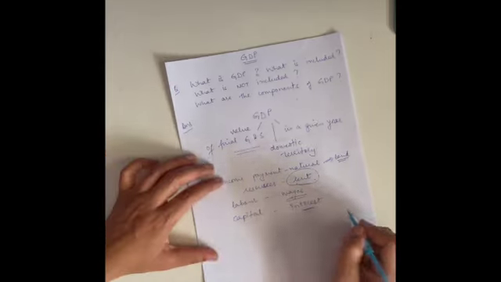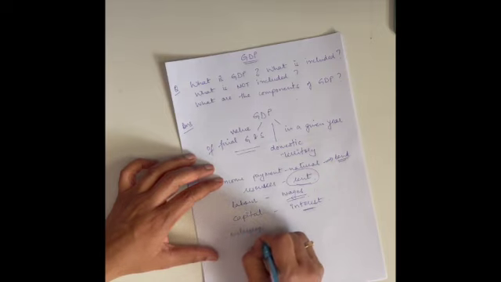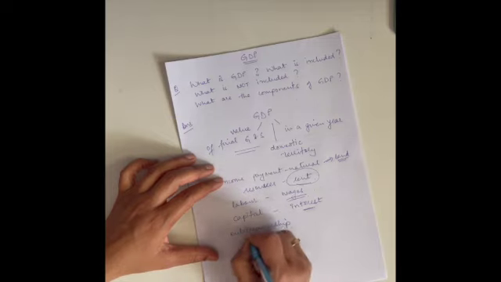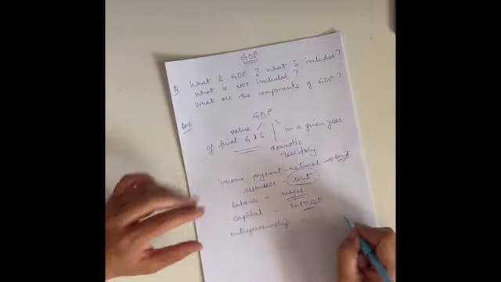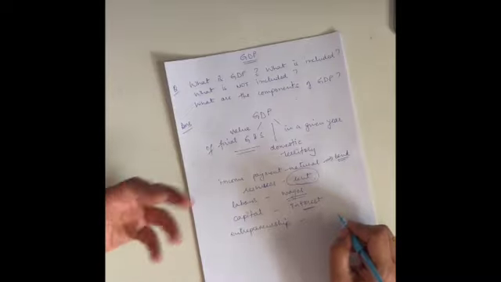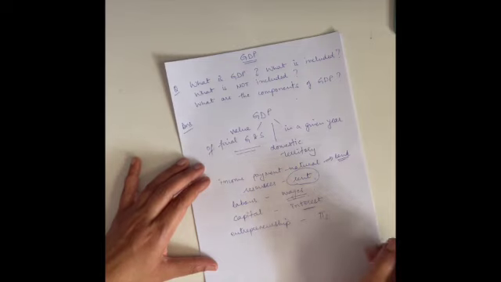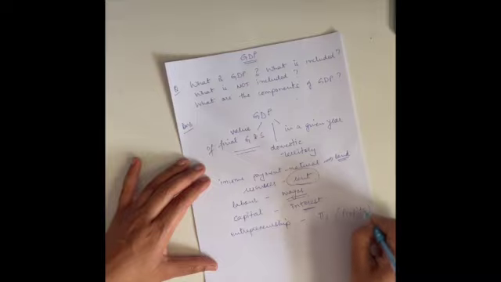And then you have entrepreneurship. If you are an entrepreneur with skills and you have set up your own business, the income payment for all that hard work is basically your profits.